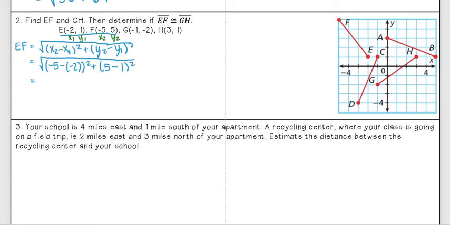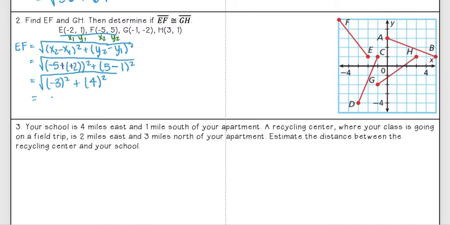One thing we have to remember here is what happens when we subtract a negative. When I see two negatives right next to each other, that means I'm really adding a positive. So I can change both of those to plus signs. This is really -5 plus 2, which is -3 squared. And 5 minus 1, which is 4 squared.